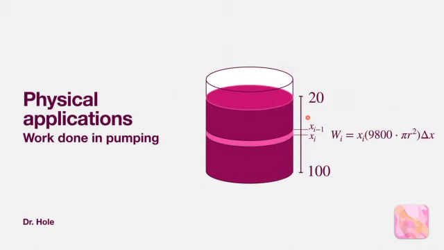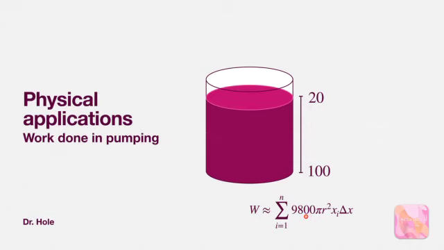And then consider all representative depths xi and sum up their corresponding work quantities to approximate the total work required in pumping out the liquid from this tank. Very good. And we're looking at a Riemann sum. We know what to do with a Riemann sum. We take a limit.